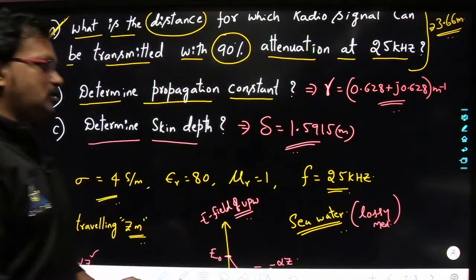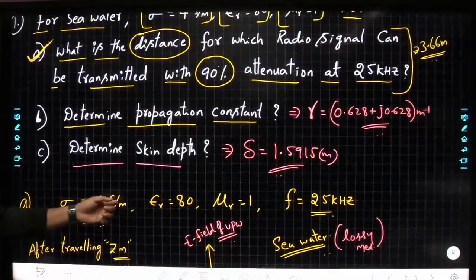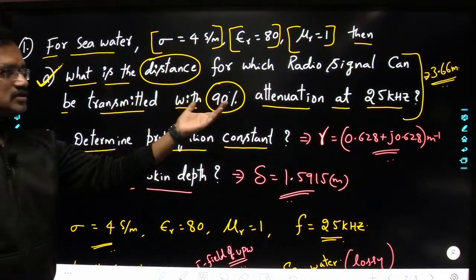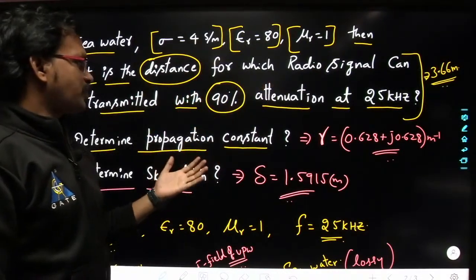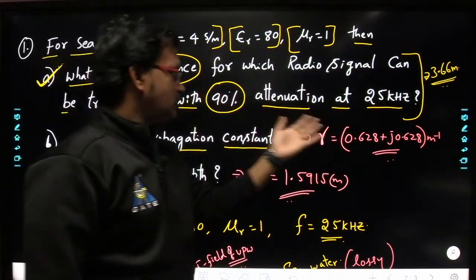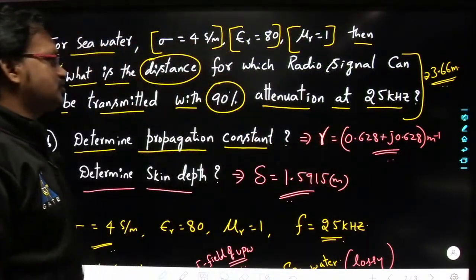So we have determined the propagation constant, the skin depth, and also the distance the radio signal has propagated with attenuation of 90%, at frequency 25 kHz.